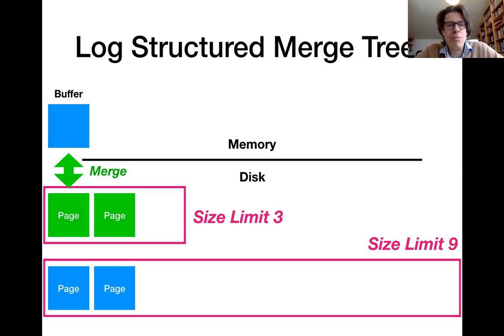And that gives me 2 pages with sorted data, which now contain the tuples that previously were already stored in that level, together with the tuples that previously were stored in the buffer. So now this level contains 2 sorted pages of data.